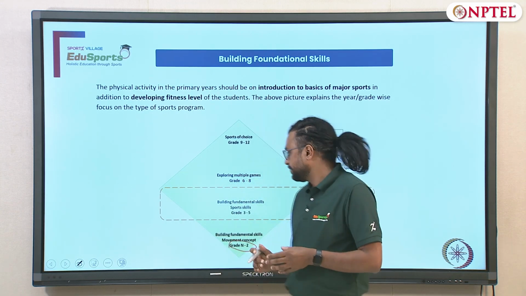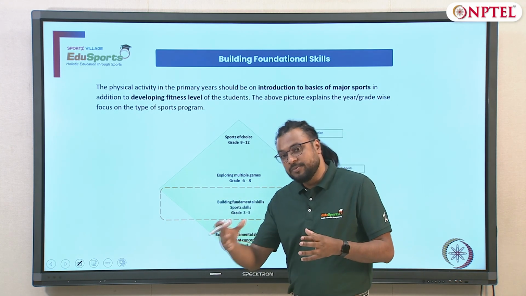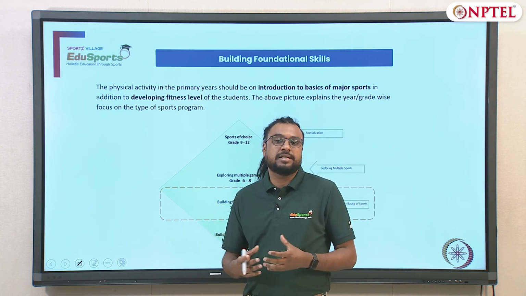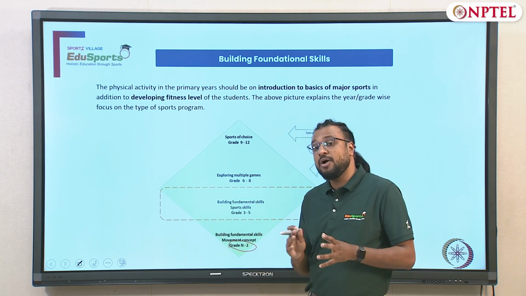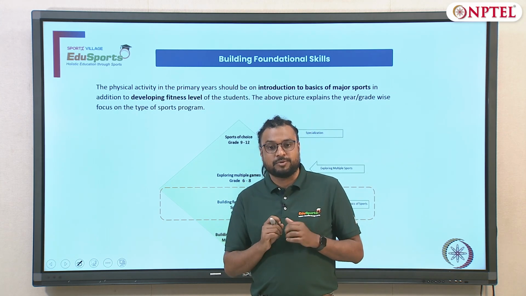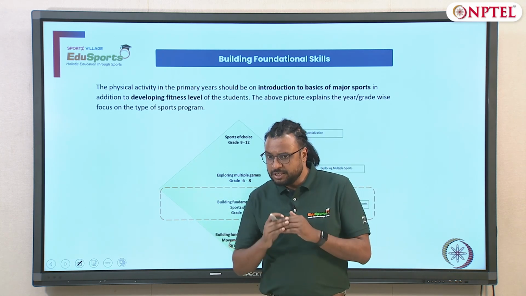Once they have mastered fundamental movement skills like walking from one place to another, balancing skills, doing something with an object, now you can introduce them to sports skills, but the basics of sports skills. You need not teach them the entire advanced skills, just teach them.